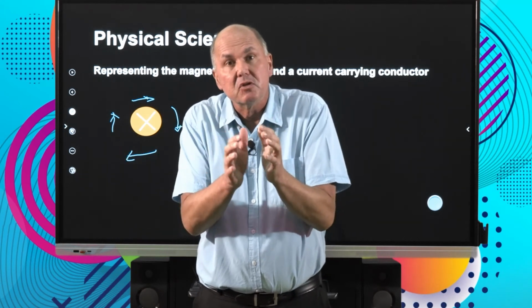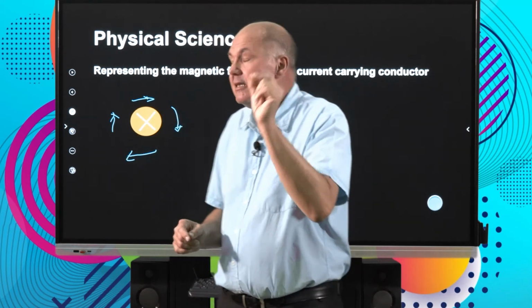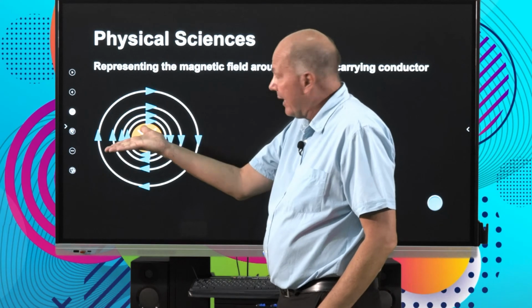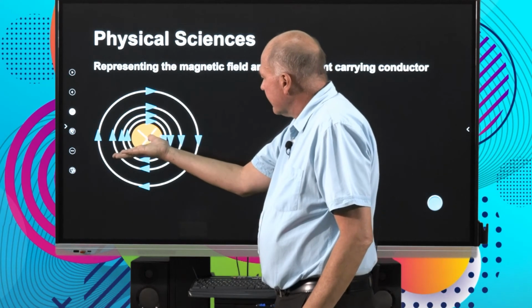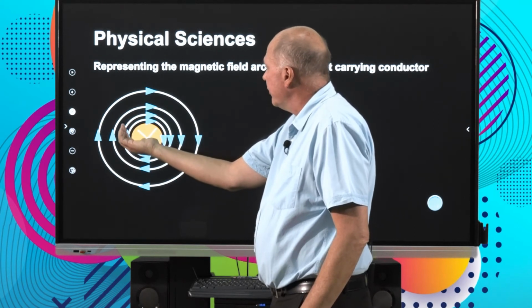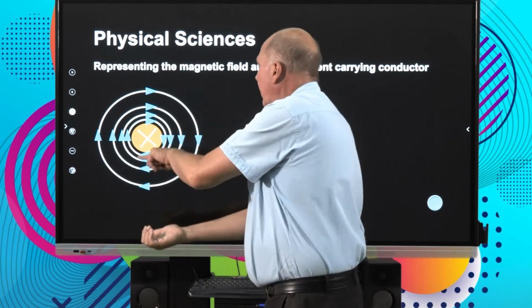Where the field is strong, the magnetic field lines need to be close together. So have a look at my diagram here. And as you can see, I've indicated the direction, confirm it, right-hand rule. The current is going in, the direction of the magnetic field is clockwise.